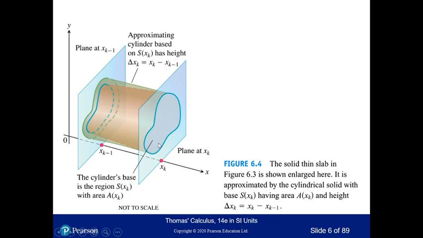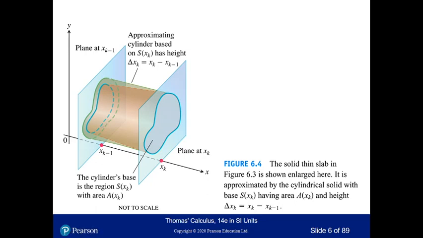We are just approximating the volume of this cylinder by using this information. We are going to take the base and multiply it with the height. But I want you to observe that this base, if you take this part as the base, A of x_k, is not the same as A of x_{k-1}.